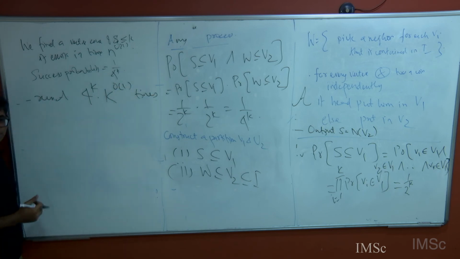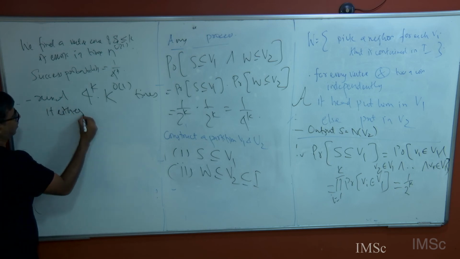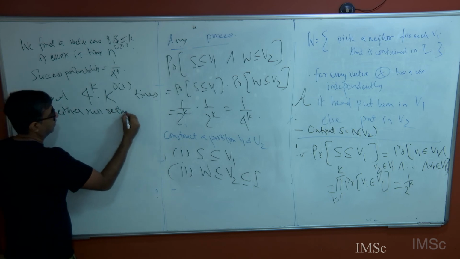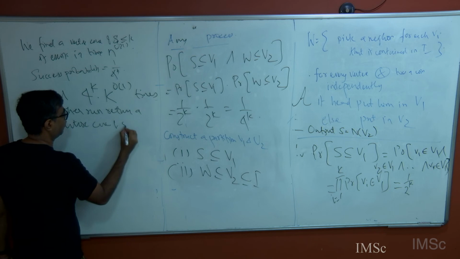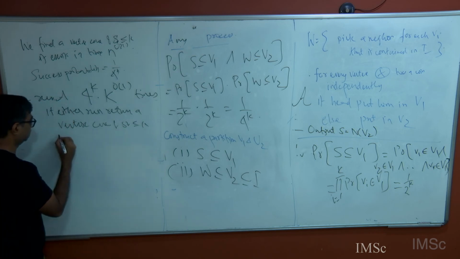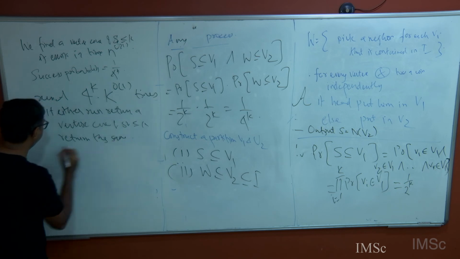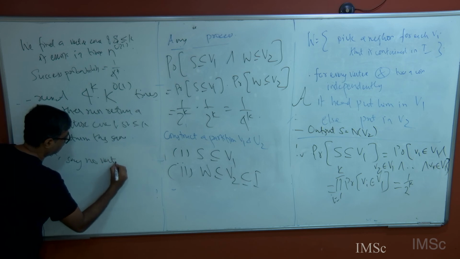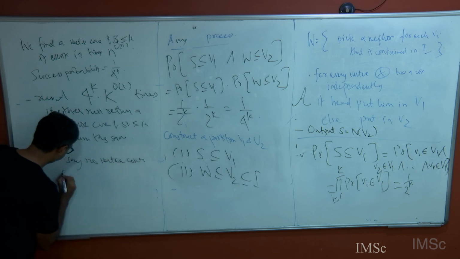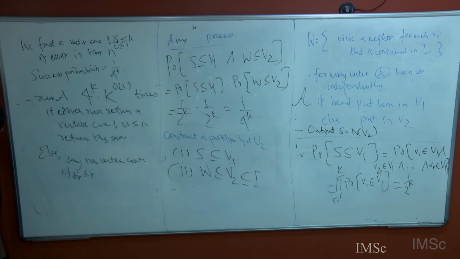If either run returns a vertex cover of size at most k, return the same. Else, say no vertex cover of size at most k. Agreed? That's it.